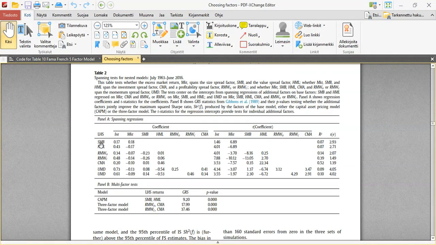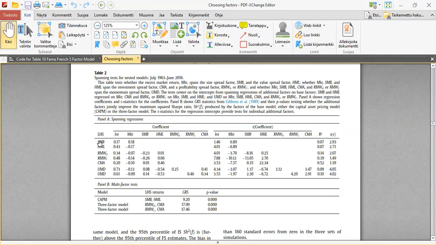So in the first 2 rows here, we regress the size factor, denoted as SMB, and the value factor, denoted as HML, on the left-hand side, on an intercept term and the market factor.